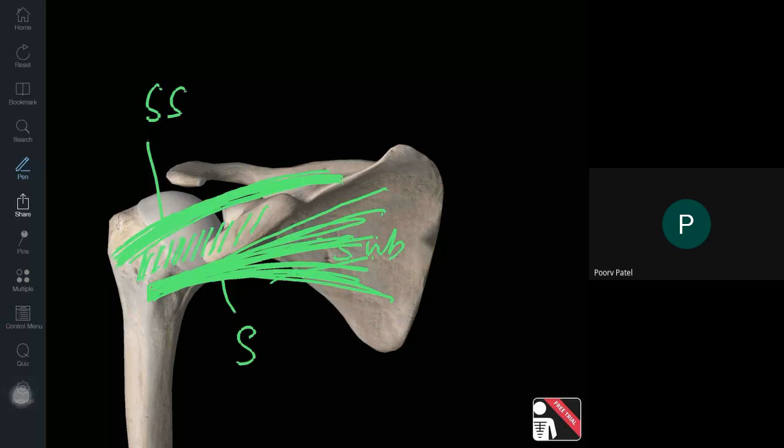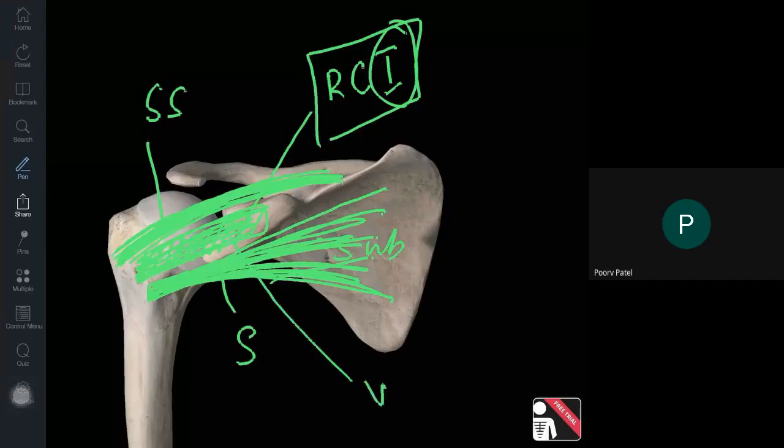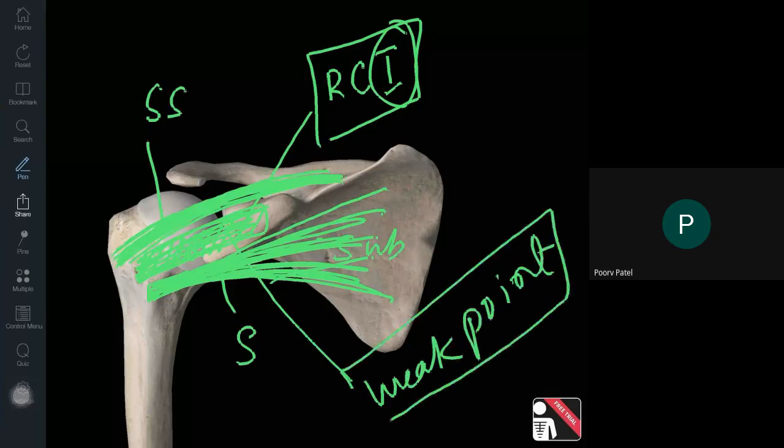So this gap is called rotator cuff interval. What is interval? The meaning for interval is gap. So there is a gap between two rotator cuff muscles. So this area is called rotator cuff interval. So this area is considered a weak point in the shoulder. This is the place where the anterior dislocation will occur because here the protection, stability is less.